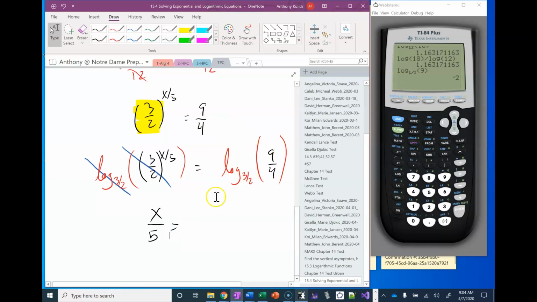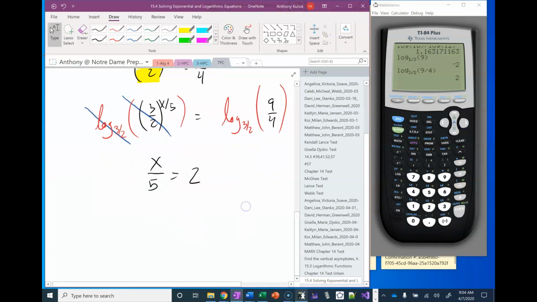And then log base 3 over 2 of 9 over 4, we can just do on our calculator. So again, I'm going to press the math button, select the log base command, do 3 over 2. This is also something you could do by hand, but we don't really need to. When we do that, we get 2. And now we just need to solve for x, multiply both sides by 5 to get 10. And so there's that.